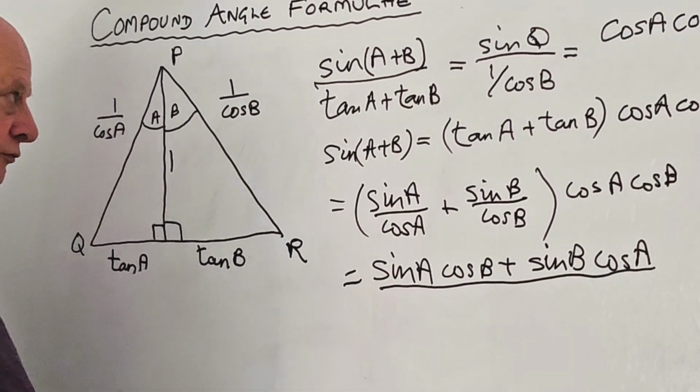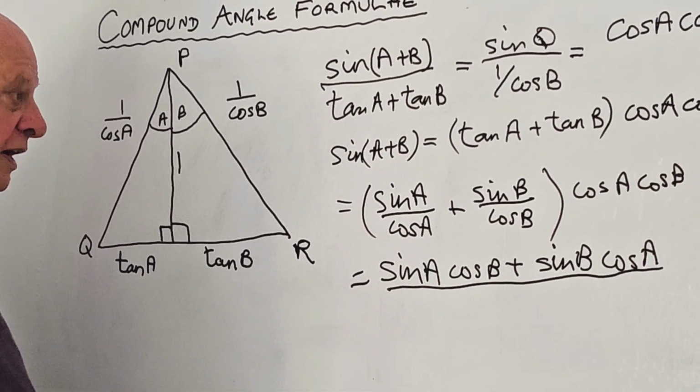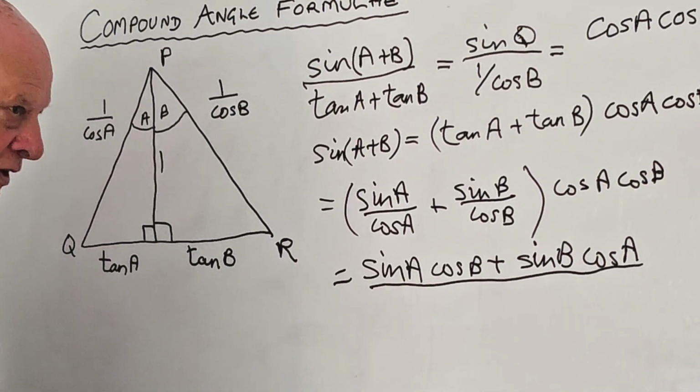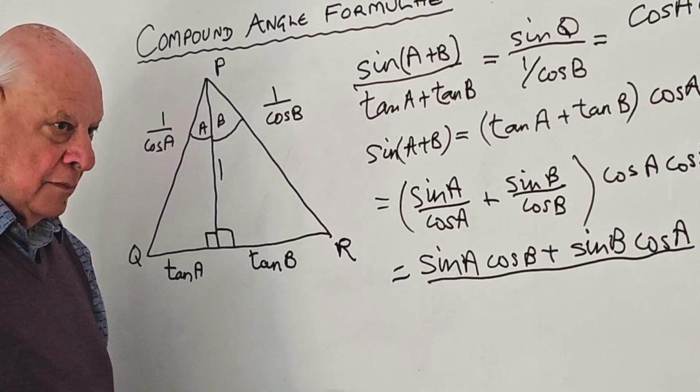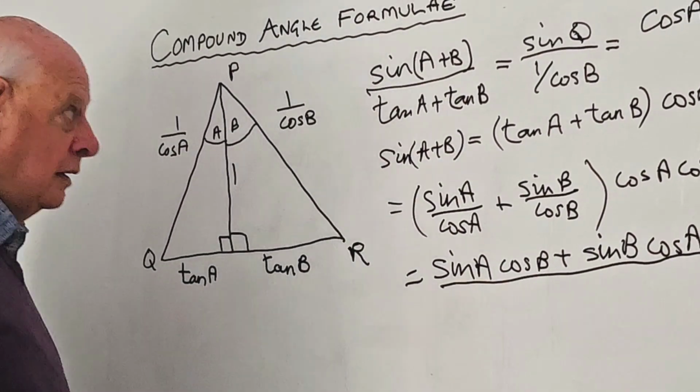Now, if we replace B by minus B, I'm having to ask you here to accept that this is what is called an identity, so we can replace A and B by anything you like.